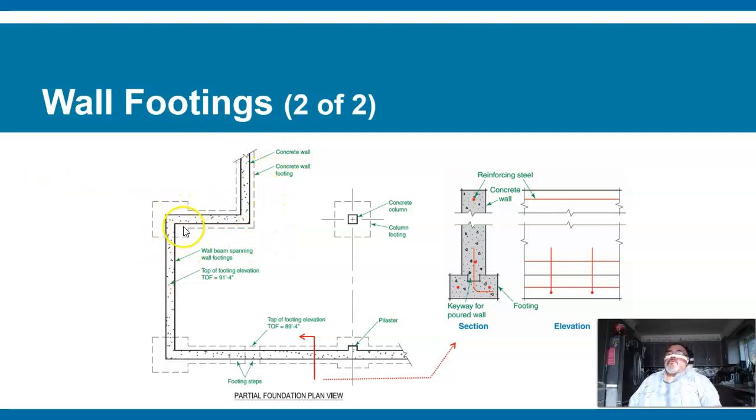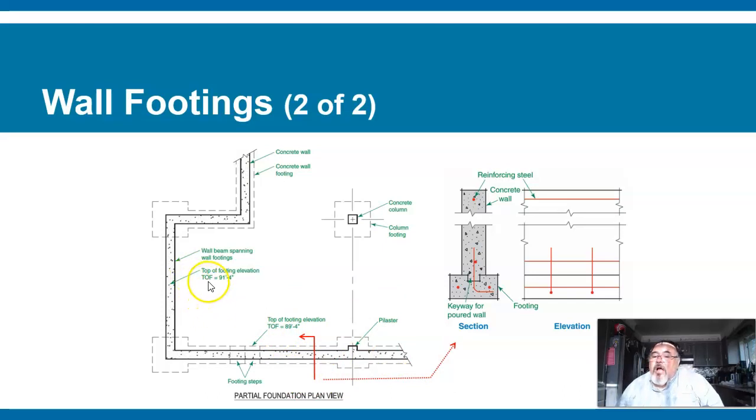Now these corners are special. They're saying the footing gets bigger, and then it stops there. A wall beam spans the wall footing. Top bonding elevation, top of TOF. Top of footing elevation at 89 feet 4 inches. Okay, so usually that's a measurement above sea level.